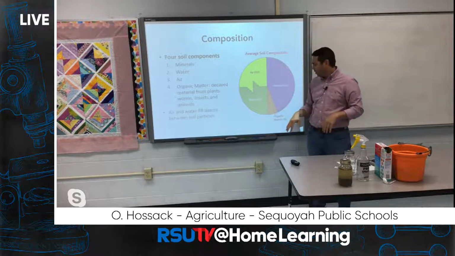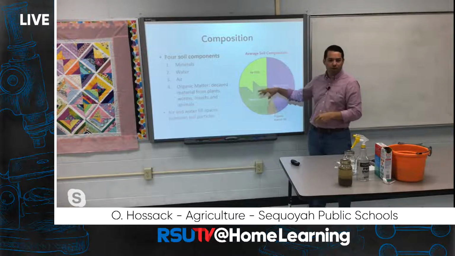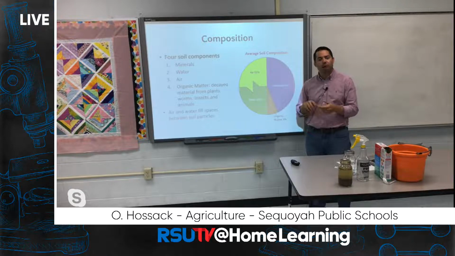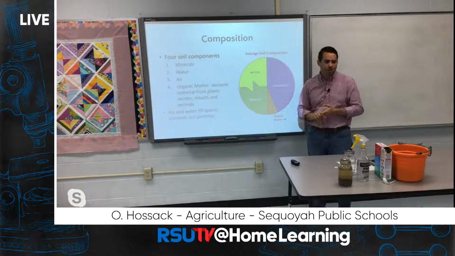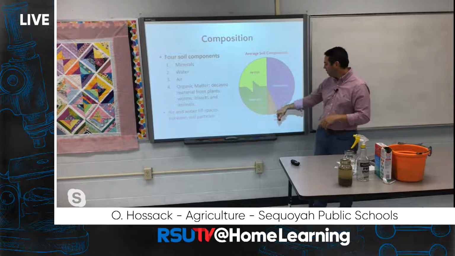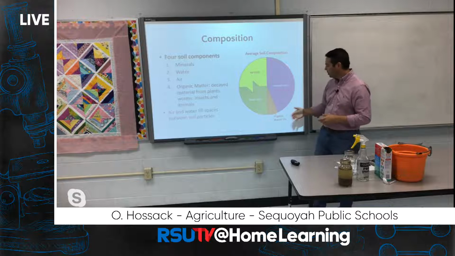As they expire and fall and decompose, they get added into this mixture. And this is really important because this is where our nutrients are going to be located. All of those essential things that plants need to be able to grow and develop are going to be found within that organic matter.